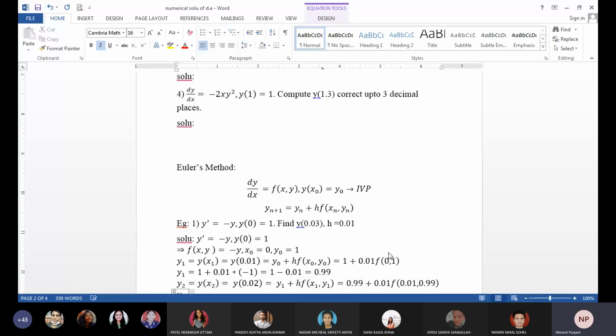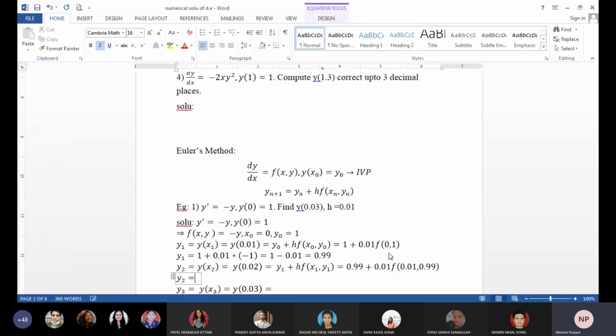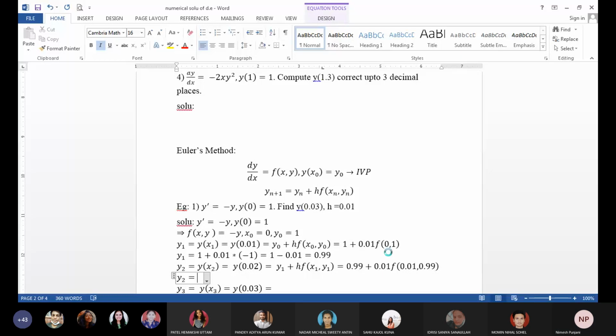So my y2 is y1, which is 0.99, plus 0.01 into f of 0.01, comma 0.99. My f of x, comma y is minus y. So here the value of the function, I'll get it as minus 0.99.